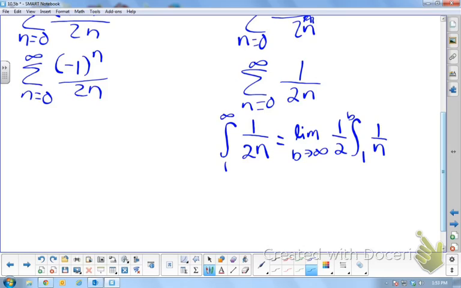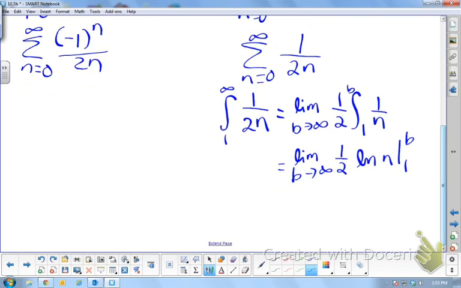Nope, that's the derivative of 1 over n. The integral. Negative n. No. Wait. Ln. We're trying to differentiate because it's nicer for our brains. But really the integral is ln of n evaluated from 1 to b.